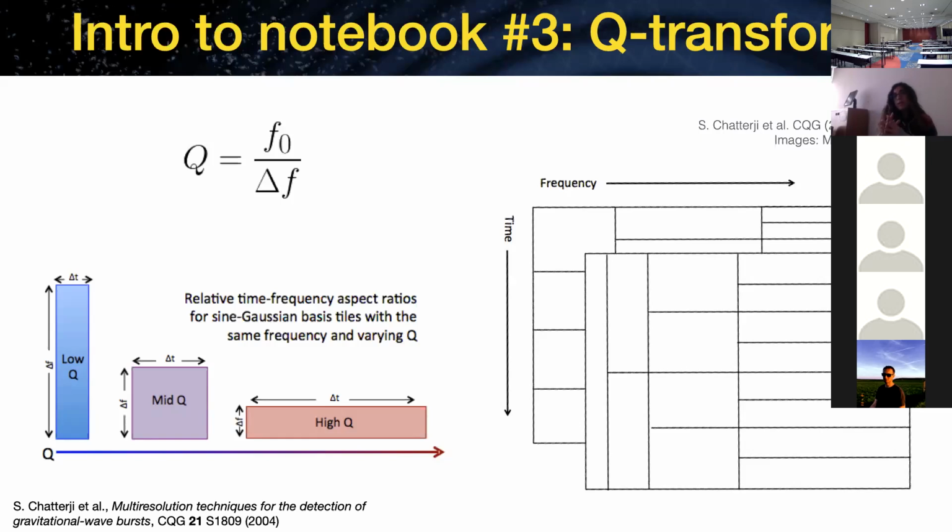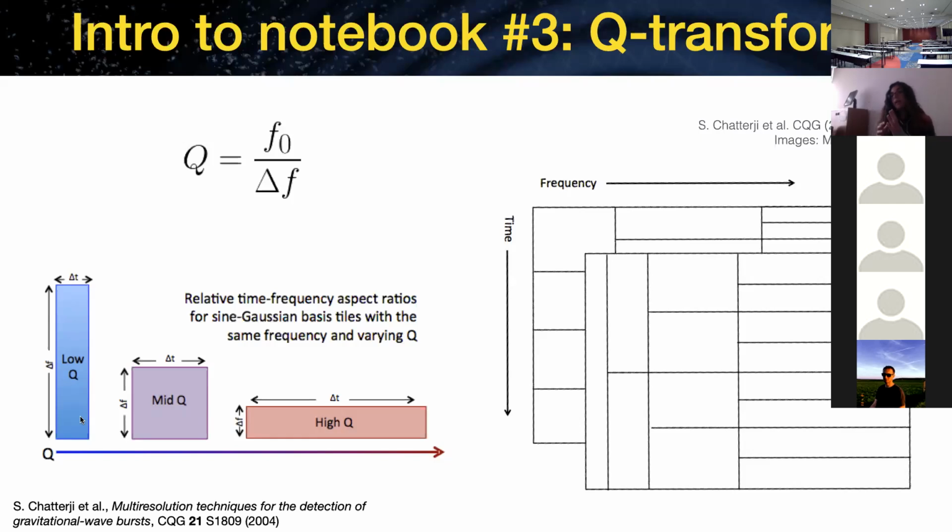The idea is that you project the data on a basis of sine Gaussians, where you decide the length of the temporal part by the width of the sine Gaussian, and the frequency by the frequency of the Gaussian. This allows you to have tiles in this bidimensional space in which you are checking both frequency and time.